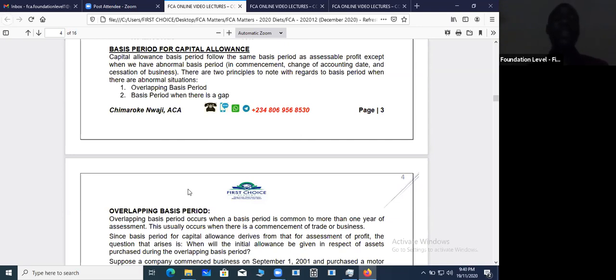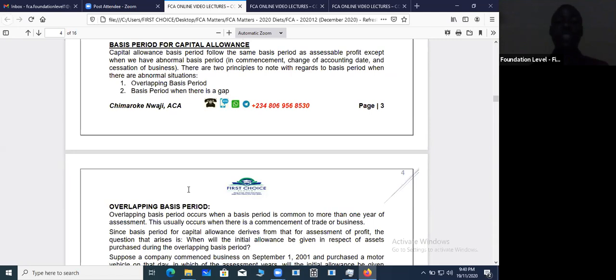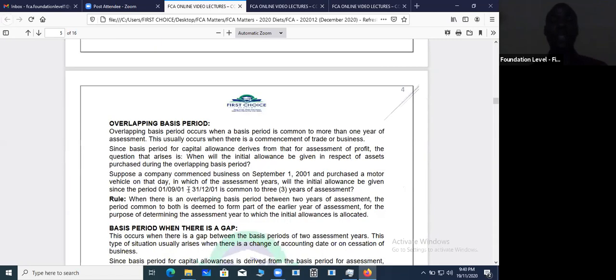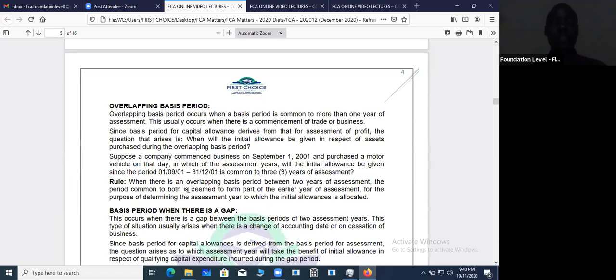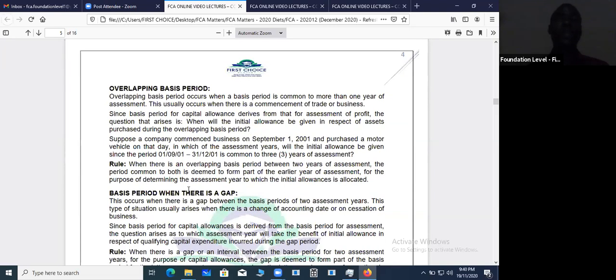And so whenever there is an overlap, this is how capital allowance treats it. Let's say, for example, you bought a motor vehicle. Your business starts maybe on June 1, 2010, and you bought a motor vehicle on June 1, 2010, or you purchased it on September 1, 2010.